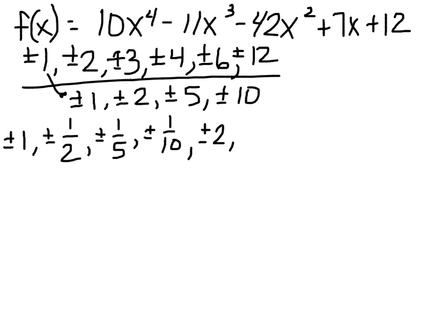What's 2 divided by 2? 1. Do I need to write 1 twice? No. What's 2 divided by 5? 2/5. What's 2 divided by 10 reduced to? 1/5. I already have it. No need to write it twice.